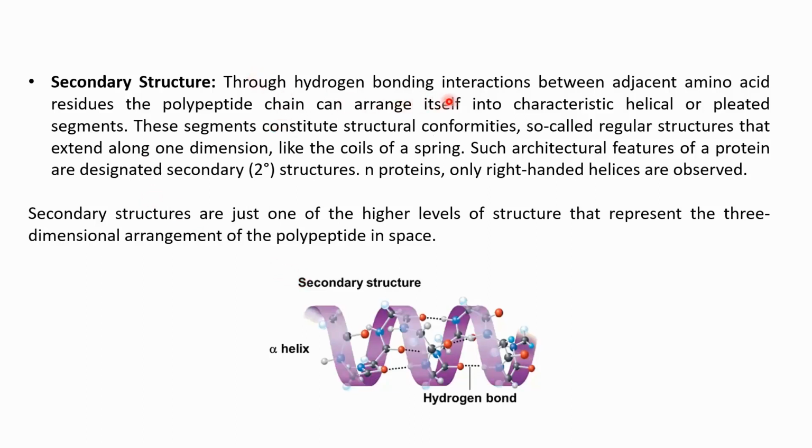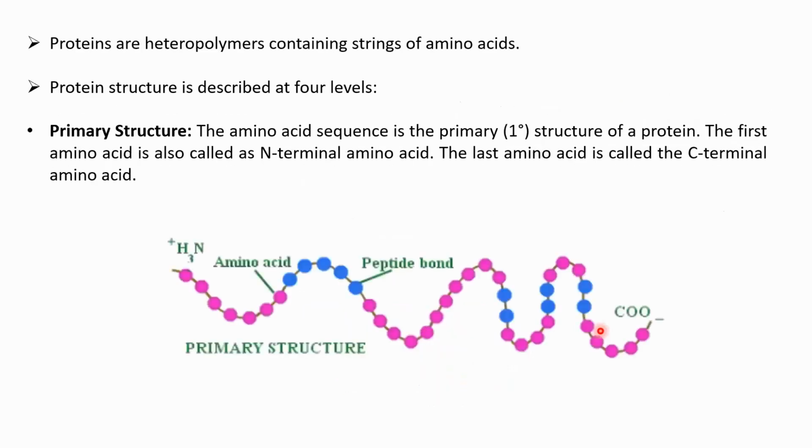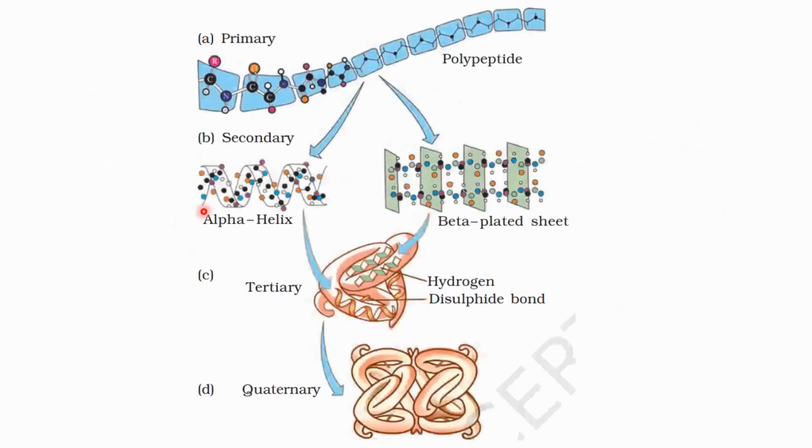Here, hydrogen bonding interactions between adjacent amino acid residues of the polypeptide chain allow the arrangement of the protein into the characteristic helical or beta pleated sheet structures, as we can see in this diagram. This hydrogen bond formation may lead to either alpha helix or beta pleated sheet formation.